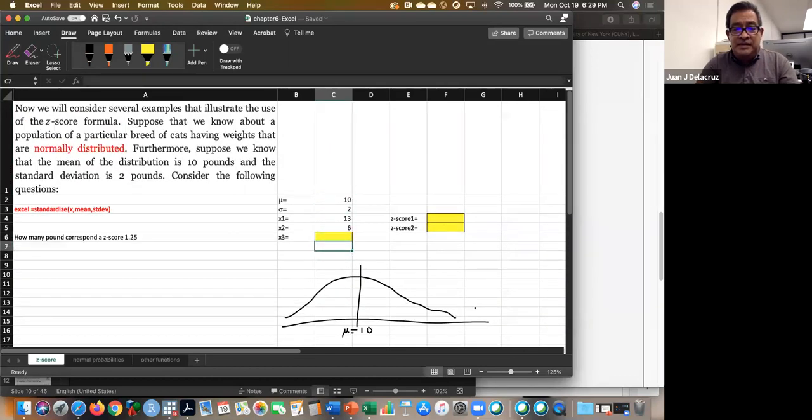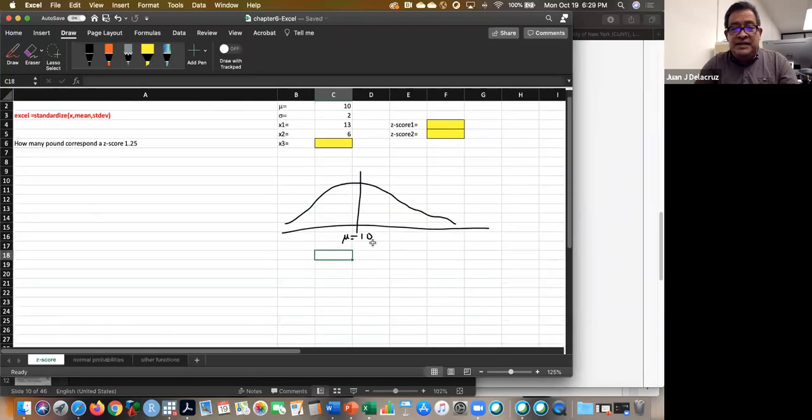We have sigma equal to 2, right? So the question is to find the Z scores that correspond to 13. This is x1, which is going to be equal to 13.